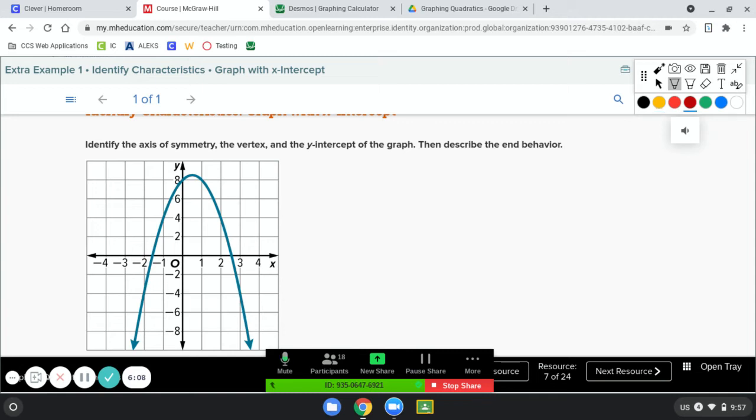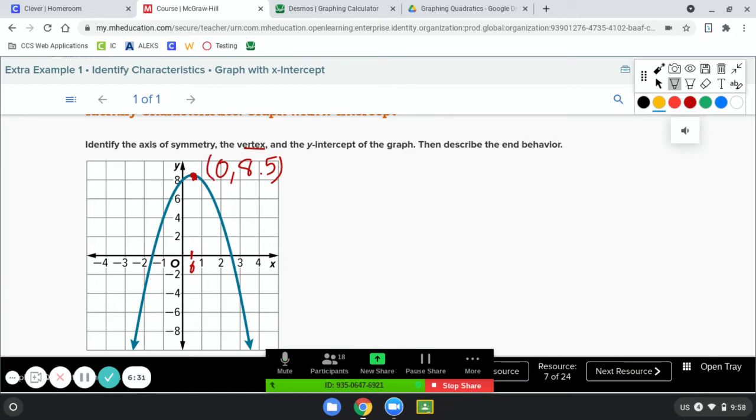The vertex is the middle point, so the vertex here is 0.5, 8.5.